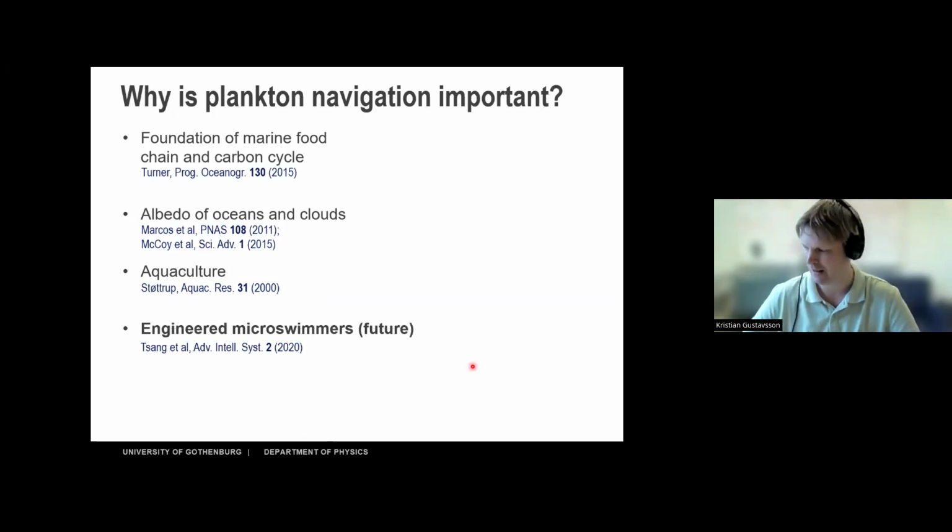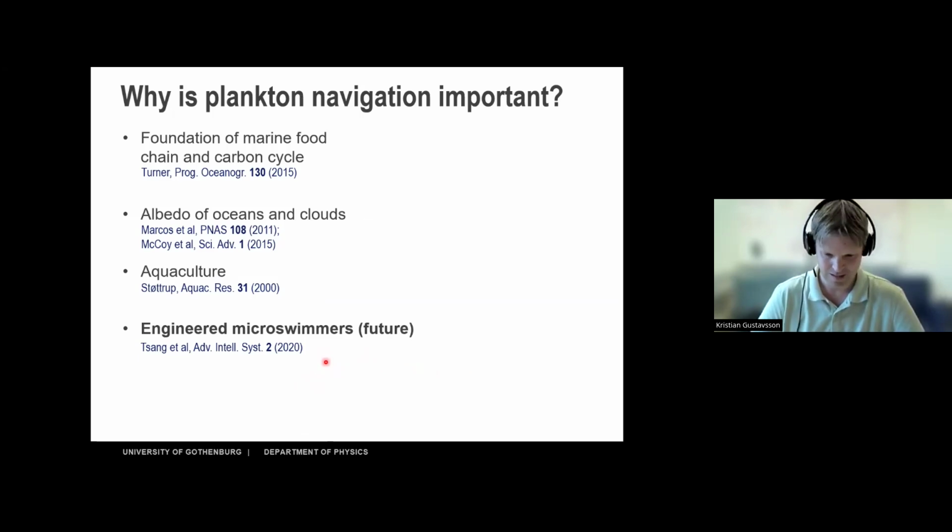And finally, in the future, we expect engineered microswimmers to be able to exist in the lab, and these have uncountable applications. You have delivery of medicines in the body, or microsurgery, or mixing of molecules.